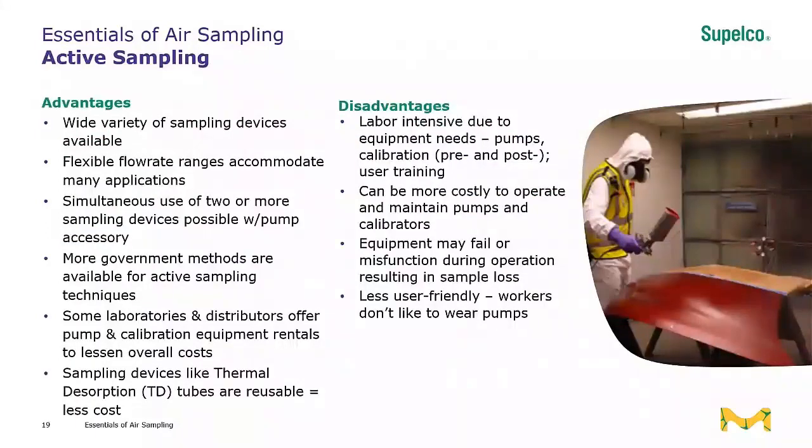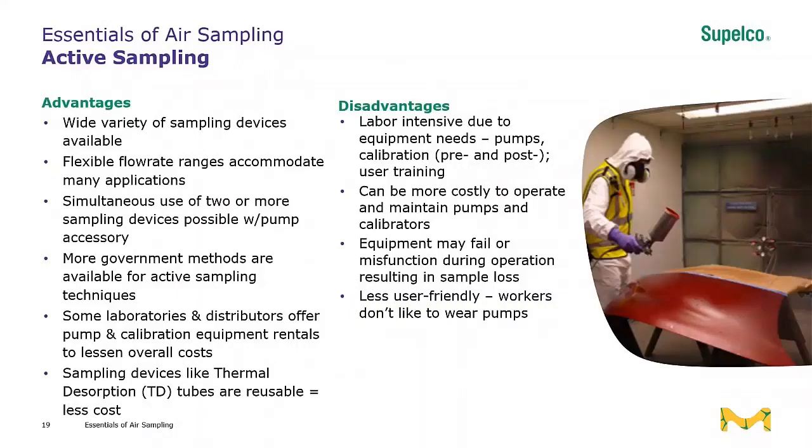When trying to decide on which air sampling technique you would use for your application, it's important to understand the advantages and disadvantages. For active sampling, there are a wide variety of sampling devices available, and these devices are tied to validated regulatory agency methods.